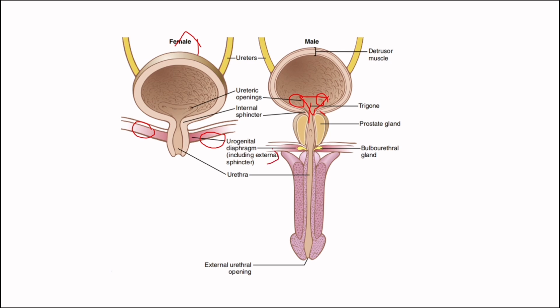It's made from skeletal muscle, unlike the internal urethral sphincter, which is made of smooth muscle. This one is made of skeletal muscle called the urogenital diaphragm. Also take note that the urethra in males is longer than that of the female. The female is shorter.